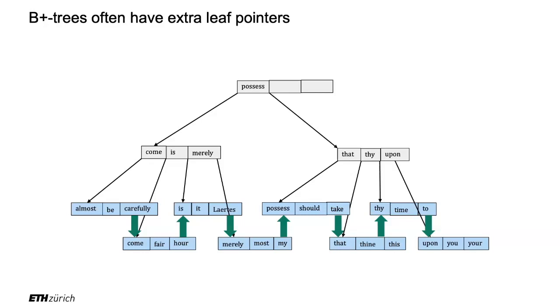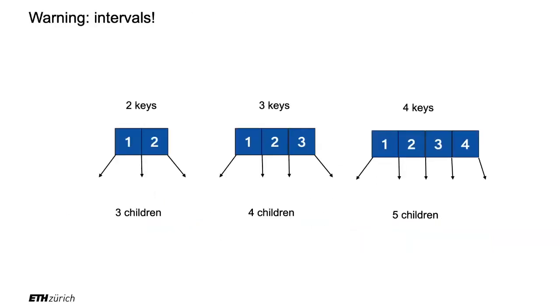Let me just repeat again, just to be sure. You need to be careful that if you count the number of values you have in a node versus the number of children, there is a difference of 1, right? This one is clear, right? If you have a certain number of values, then you have 1 more child than the number of values.